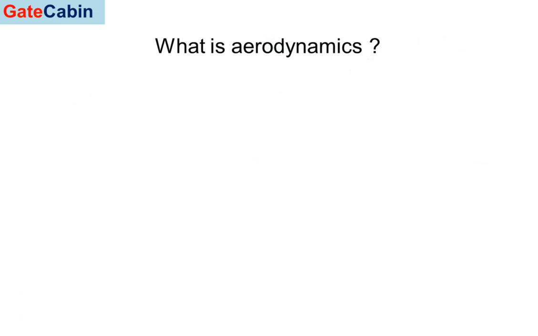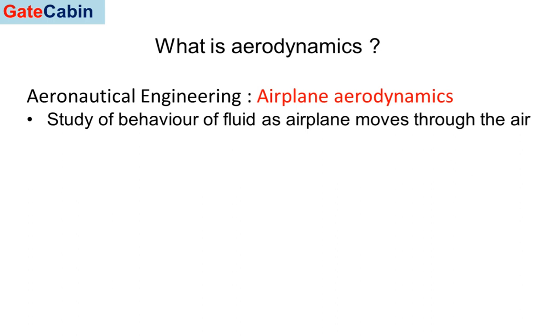Particularly in aeronautical engineering, we talk about airplane aerodynamics. Whenever an airplane moves through the air, how does the air respond to the shape or design of the object, and what actually affects the movement of the air or the speed of a vehicle when it is moving through the air.